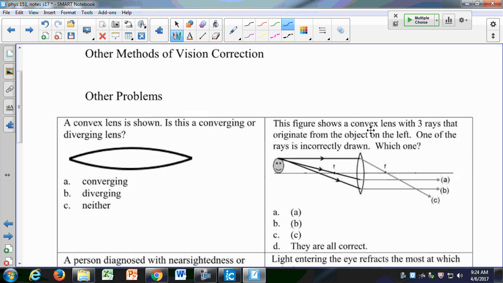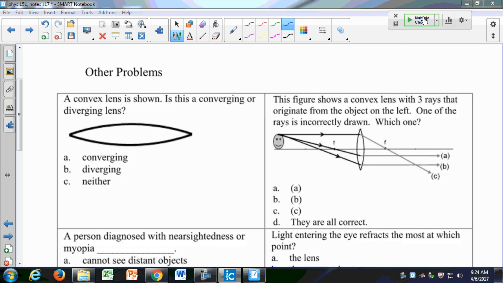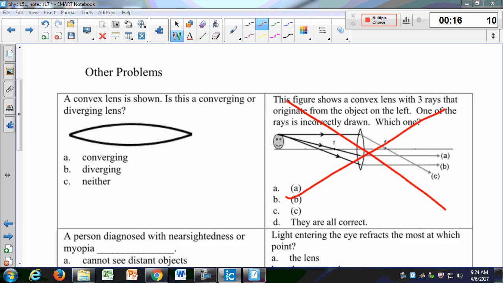Let's try some of these questions, although we're going to skip one of these. Yeah, the one on the left, we're going to skip this one.